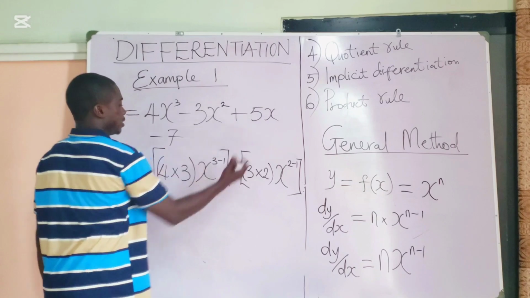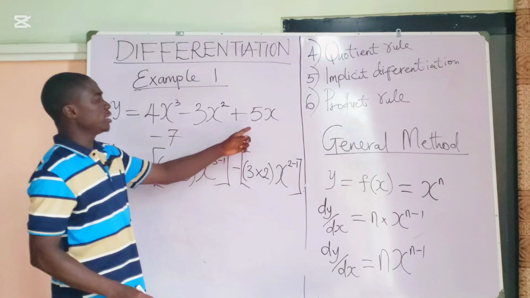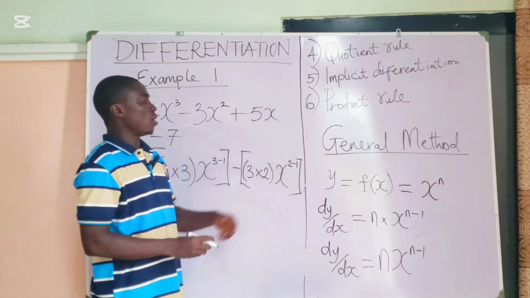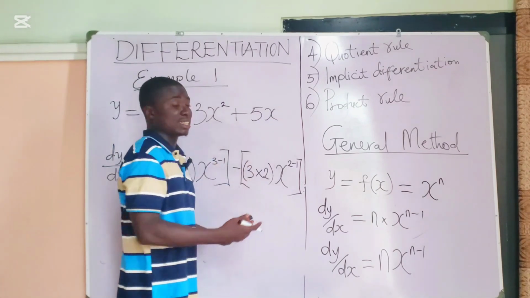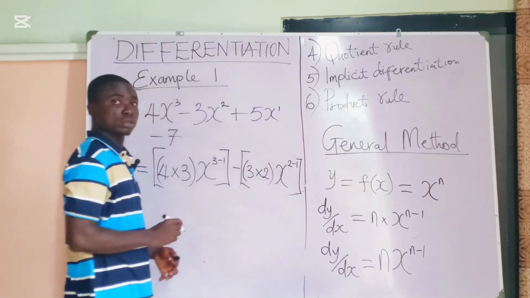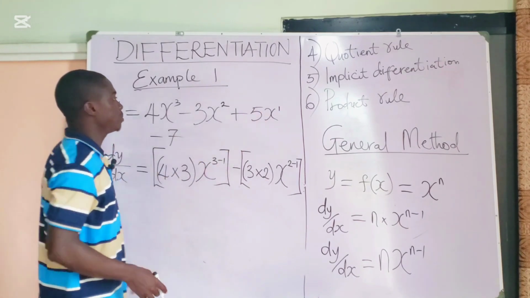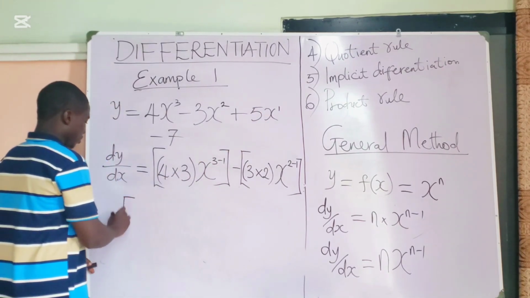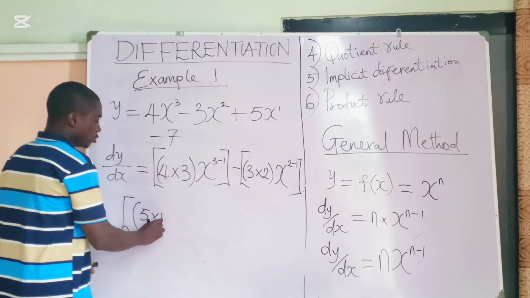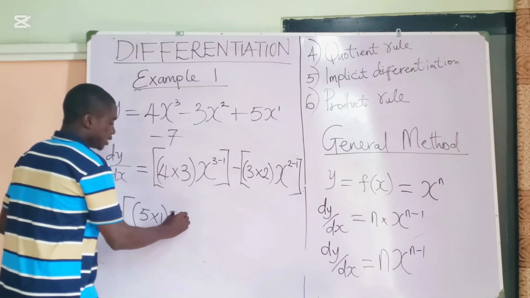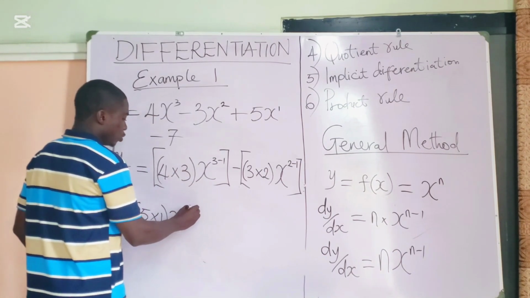For 5x, we are going to multiply x by its power. Now, whenever you see 5x or 3x or 2x, it simply tells you that x is raised to power 1. So if you multiply x by its power, we have 5 multiplied by 1, you attach x and then subtract 1 from the power of x, so we have 1 minus 1.